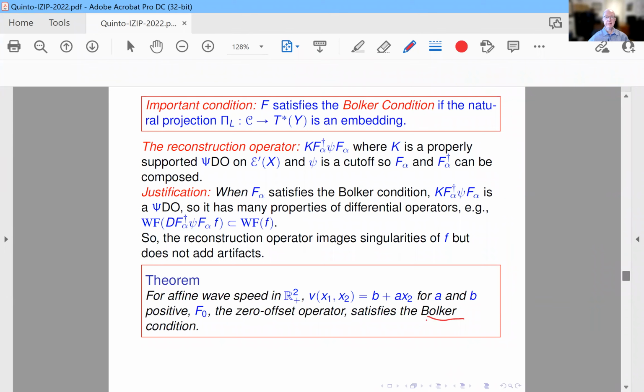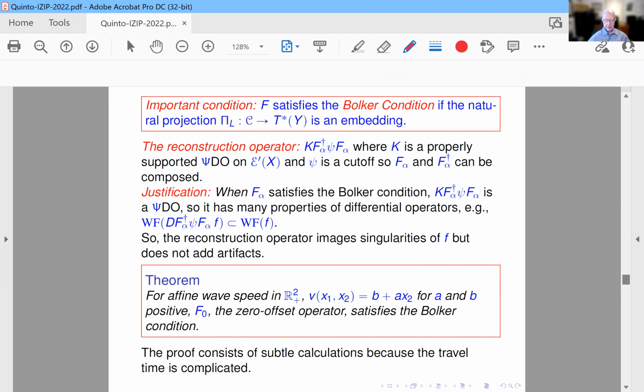Now the proof consists of subtle calculations, and because the travel time is more complicated than constant velocity, the expressions are a little complicated, but they're less so than here. And all the complete details are in our article.